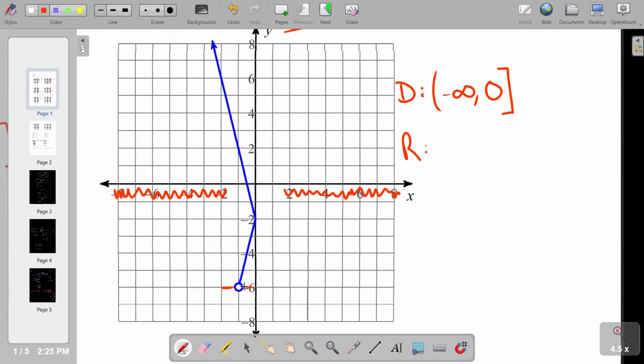You have to agree that this red line that I'm drawing right now marks the bottoming out of this graph. And it has a depth of -6, but it doesn't get there. So I put a circle, a round bracket. This hollow circle is our indicator. Doesn't get there. How far up does graphy go?